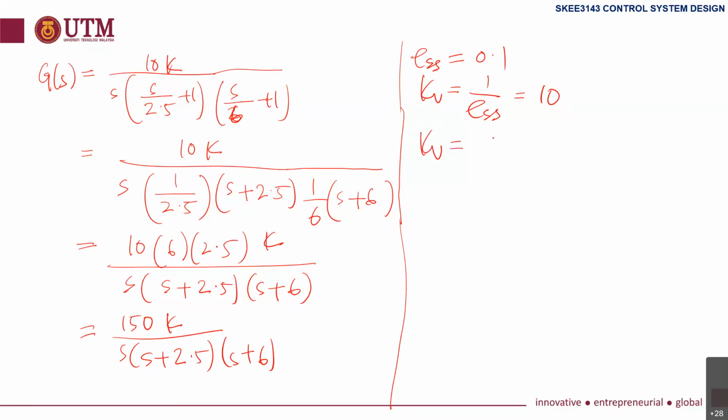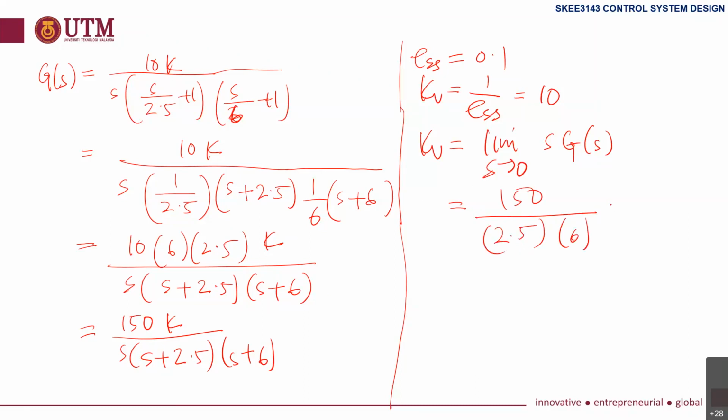Kv is the limit as s goes to 0 of sG(s). If we apply the formula to the transfer function here, with 2.5 and 6, Kv equals 10.